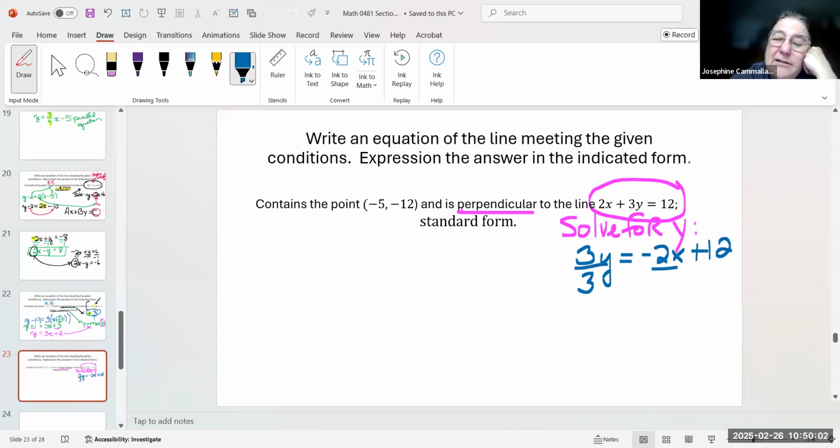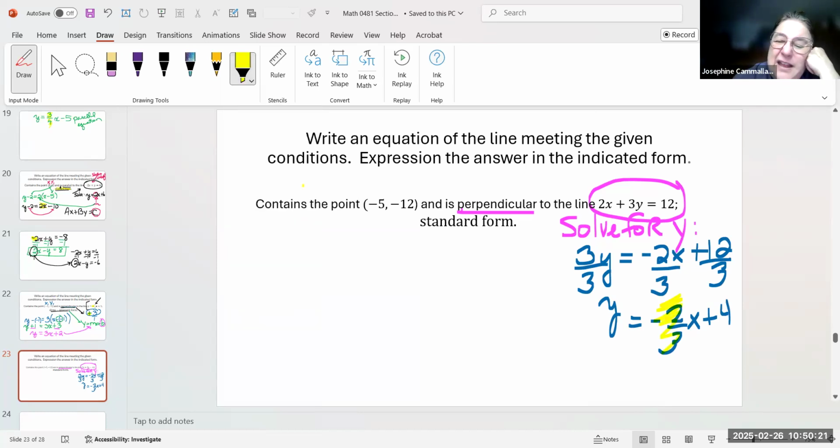I'm dividing by 3. So this is a negative 2/3 x + 4.